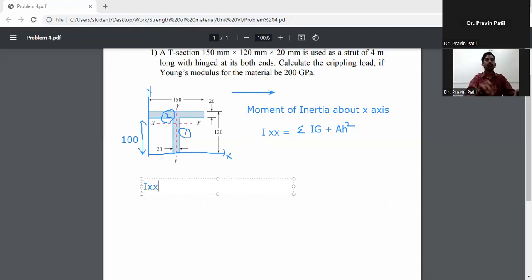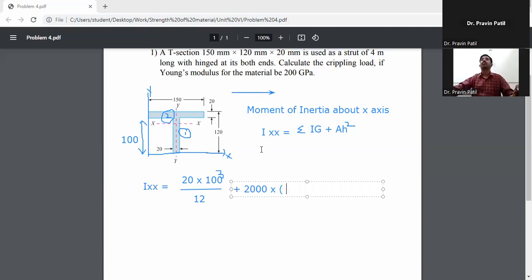Ix is equal to, for the web, width 20 and depth 100, so b d cube by 12 means 20 into 100 cube divided by 12, then plus area A1, 20 into 100, which is 2000, into h1 square, which means y bar minus y1 square. h1 is equal to y bar minus y1.